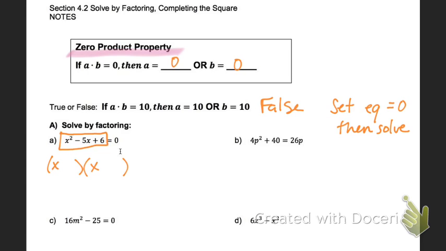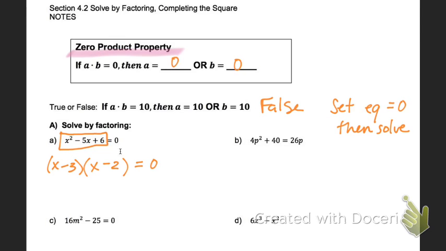What two numbers multiply to get 6? 3 and 2. The signs will both be negative, equals 0. So I've now factored it.